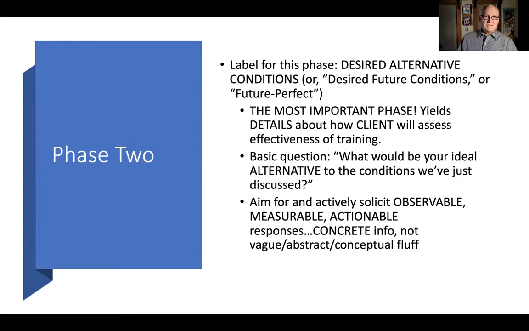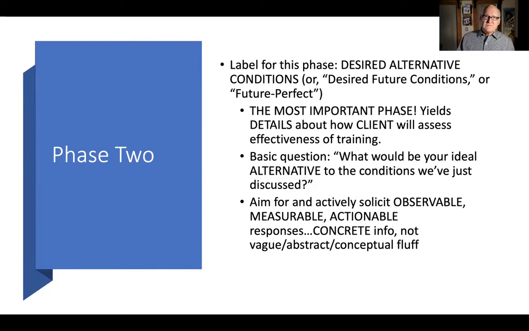Another reason that this is important, because I was mentioning a moment ago, there's a couple of other reasons this is an important phase. This is the phase where you train the client. You train the client to express himself or herself in observable, measurable, actionable, sensory-specific, concrete detail. You may or may not want to hold his or her feet to the fire in the current conditions phase along those lines.